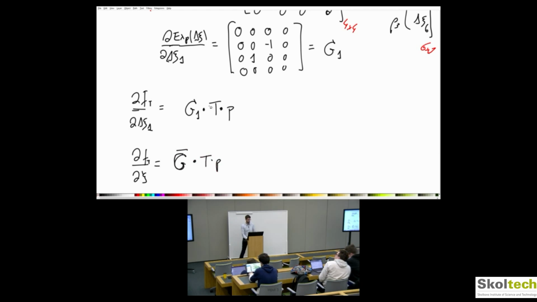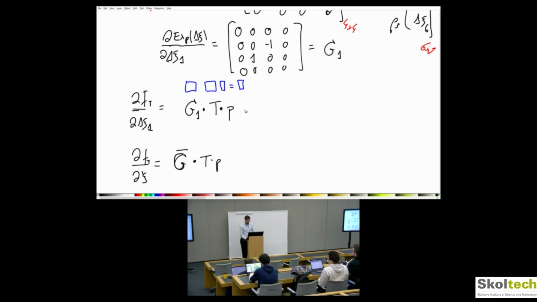And how is that? So here what we have is, let me write it this way. Okay, we have a 4 by 4 matrix, right? We have another 4 by 4 matrix, and here we have a vector, right? So the result of this is going to be a vector, right?